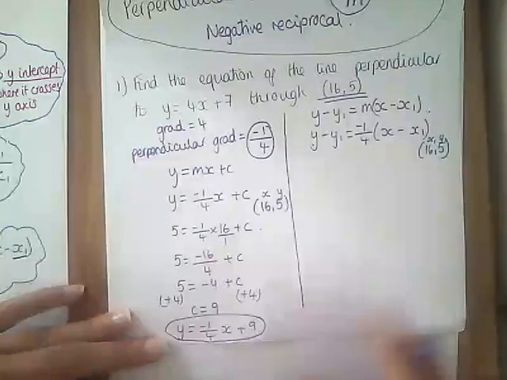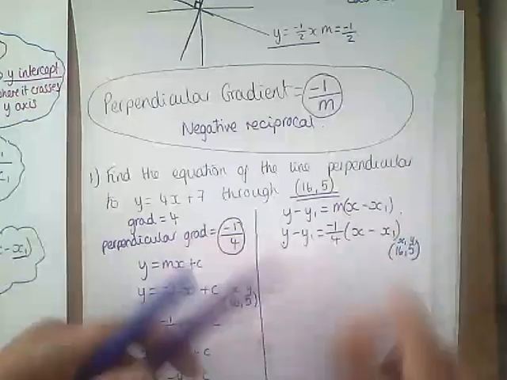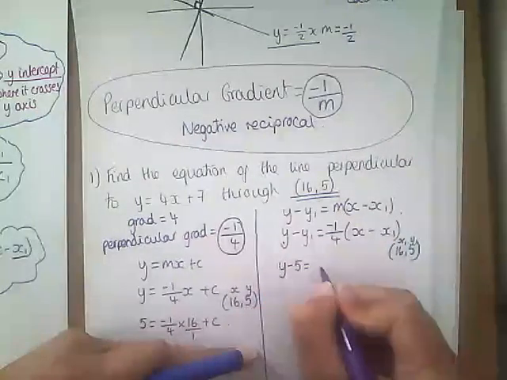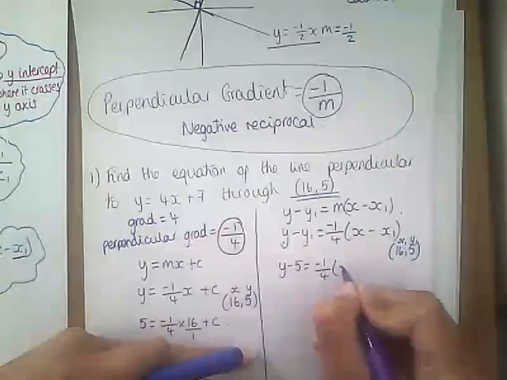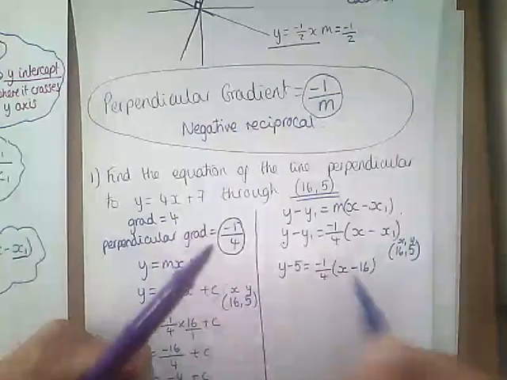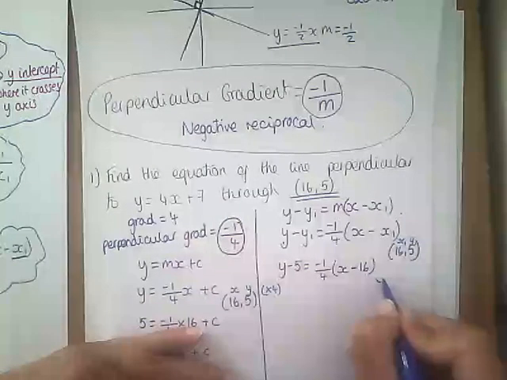Let's now go over and use this one. Once we've got to this point, we've put the m in, we've been given our x1 and our y1, so we've got y minus 5 equals minus a quarter times x minus 16. The horrible bit about this is this divided by 4. So we're going to times everything by 4 to get rid of that.